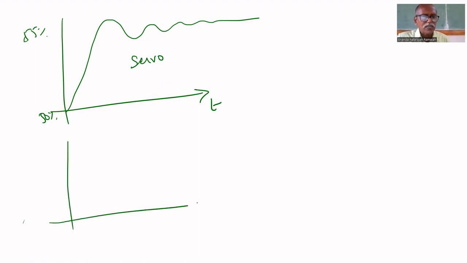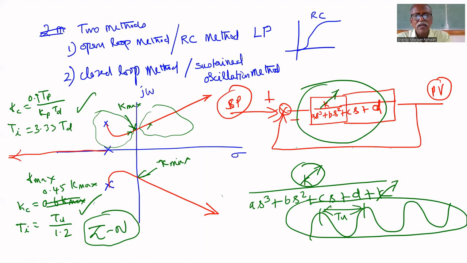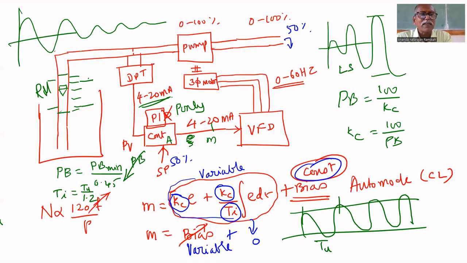Regulatory response means there will be a hand valve before the rotameter. If you slightly close it, you are introducing some resistance in the tube, so the flow rate will decrease. Or if you open it, resistance will decrease, so the flow rate will increase.